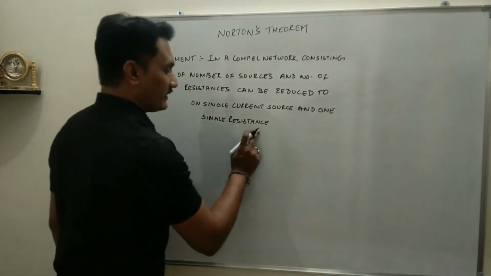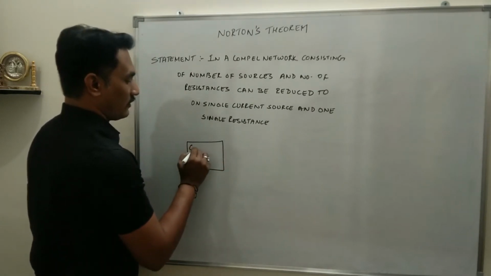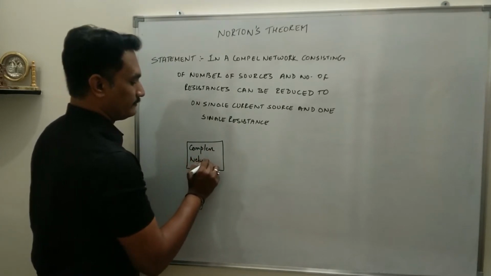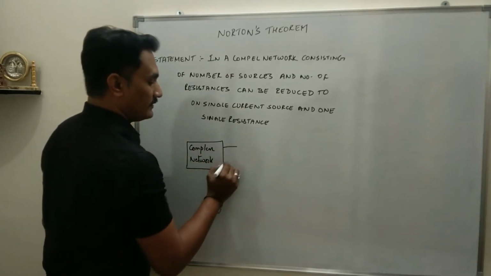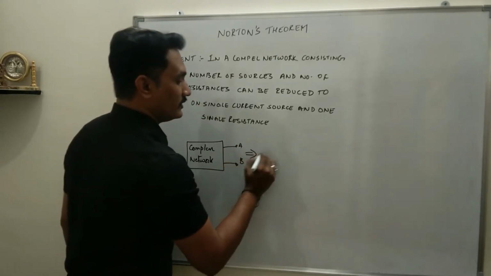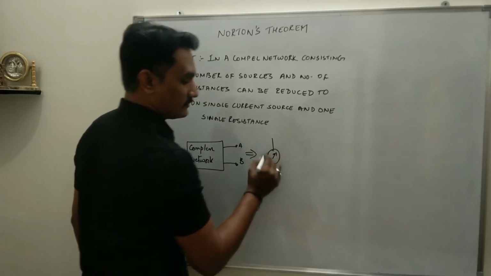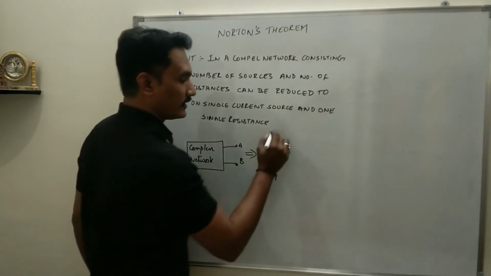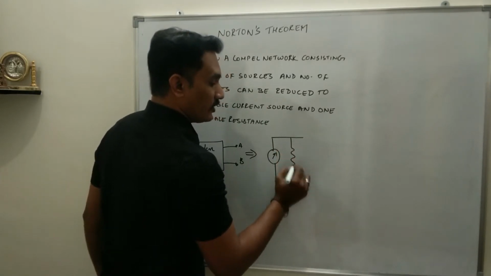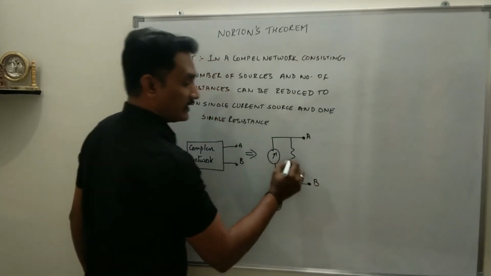Okay, one single resistance. So if you draw the diagram, say this is your complex network, and then these are the two terminals A and B. This will be reduced to one single current source, this is a symbolic representation for current source, and one single resistance which will be always connected in parallel to the current source.